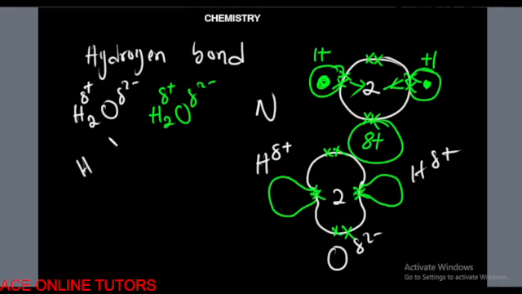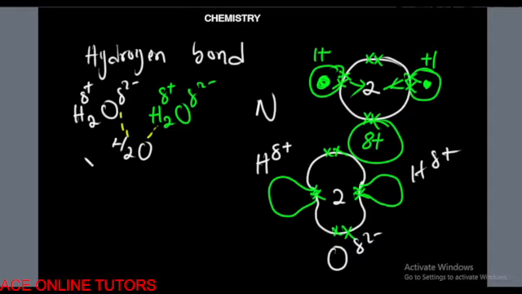The only way it can come close is for the hydrogen part of it to come first, so that the negative charge here will attract the positive charge here. To denote that bond, we use dotted lines. There's a force of attraction between this oxygen and this hydrogen, and between this hydrogen and another oxygen, there will also be a force of attraction.